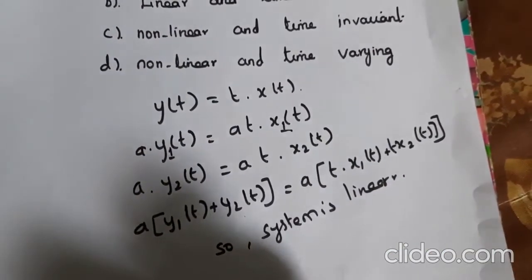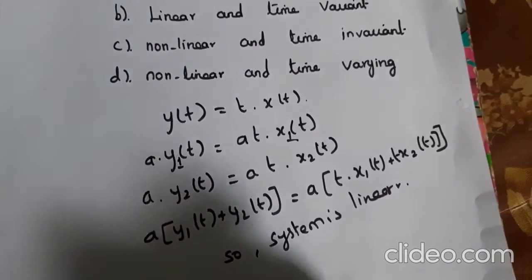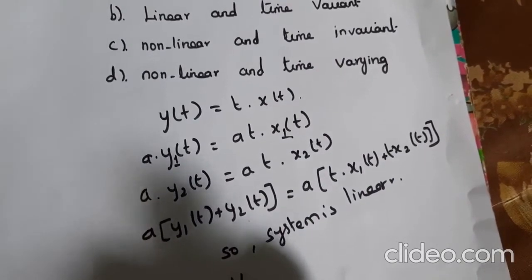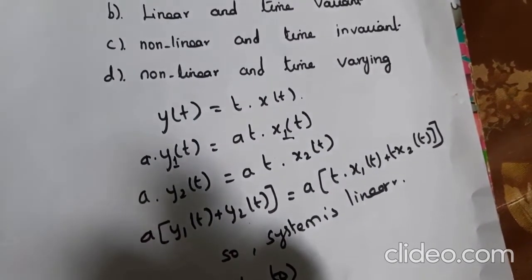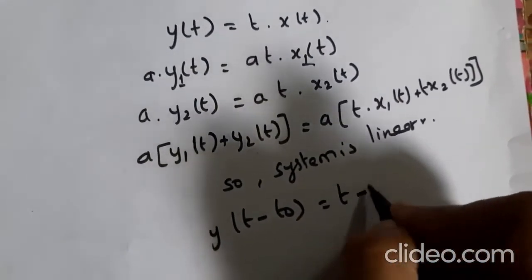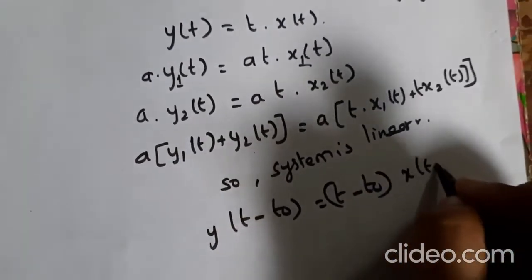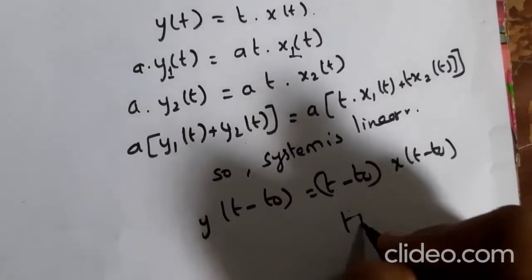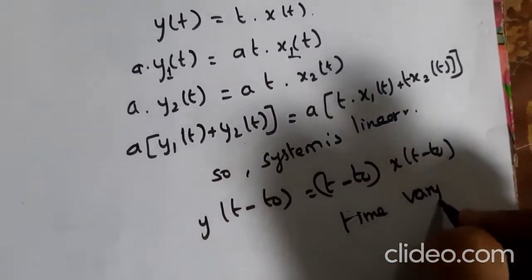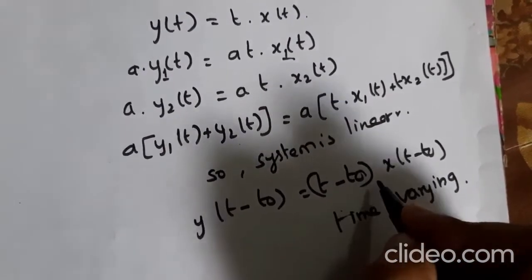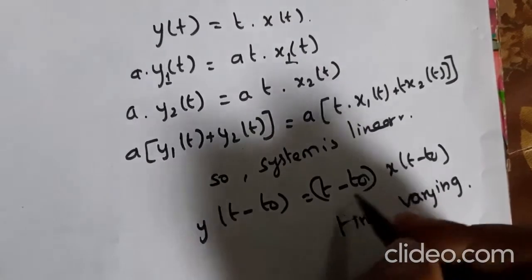And for time invariant or time varying, we delay the output for time period t naught, y of t minus t naught, and we get t minus t naught into x of t minus t naught. So the system is time varying, because we get a different answer if we delay the input.